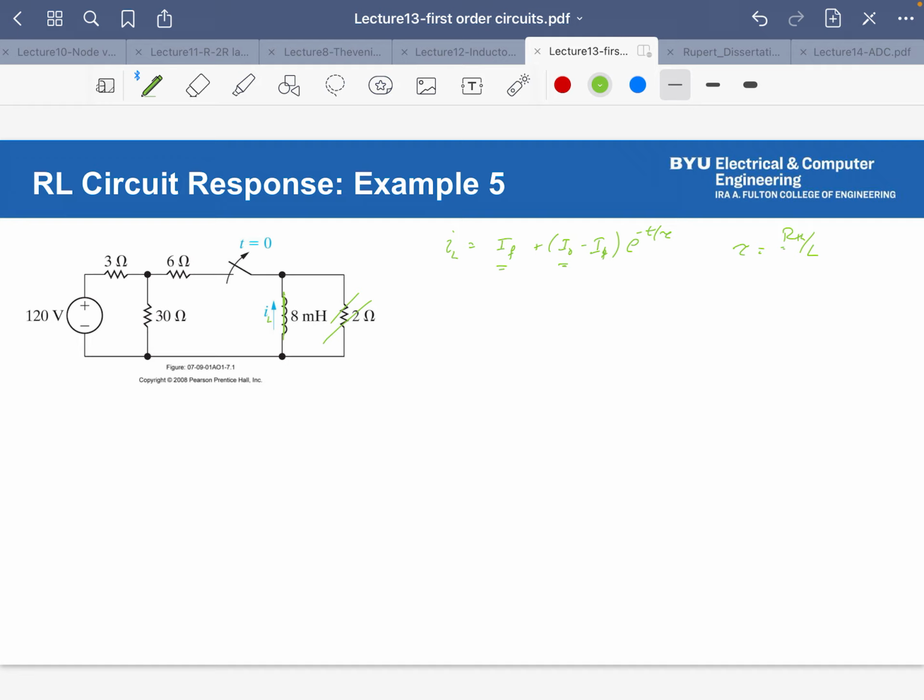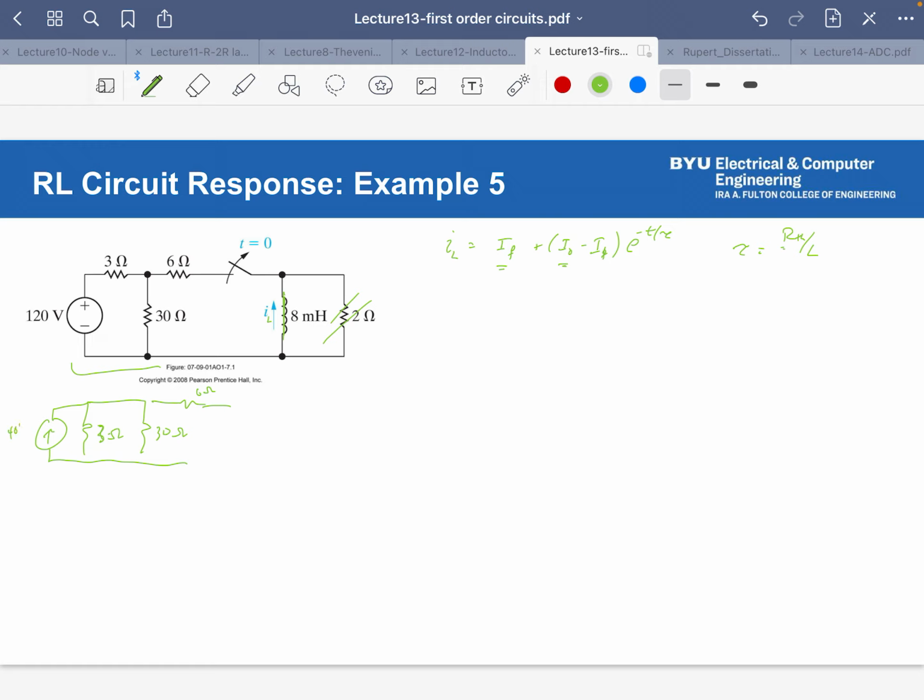So we could basically do the Thevenin equivalent here. We're going to get a current source with the 3 ohm, and then 30 ohm, and then 6 ohm, like that. And this current source would be 120 divided by 3.